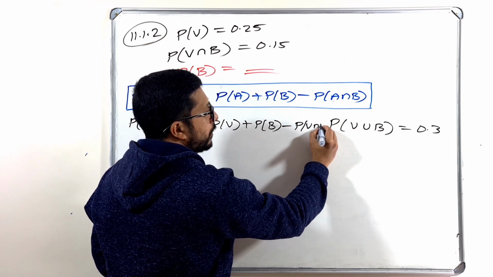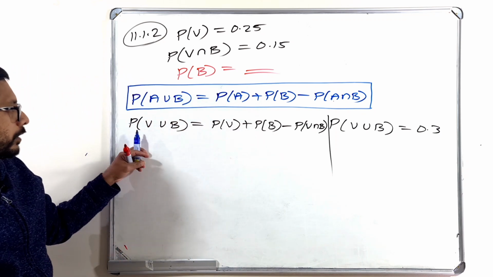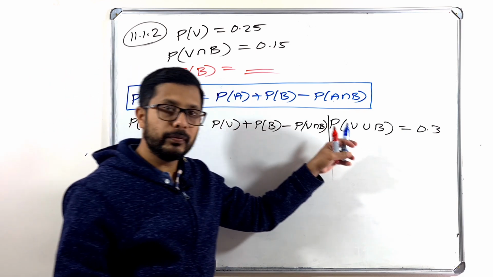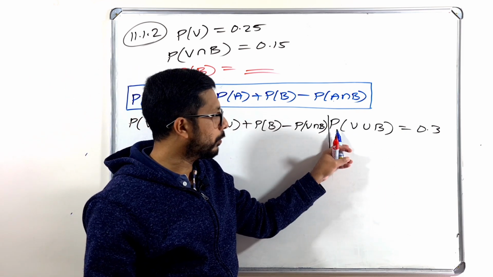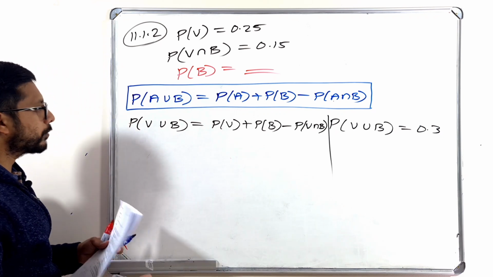The previous question gave us the answer for the probability of Valley union Bongani: 0.3. So we can substitute that.